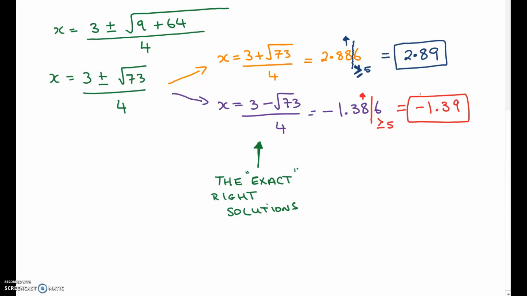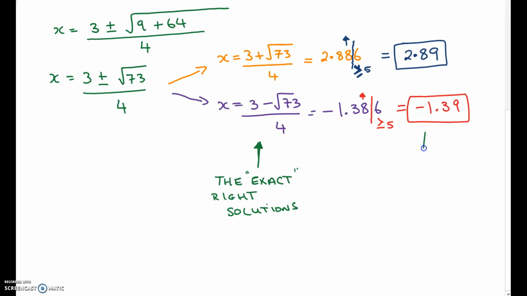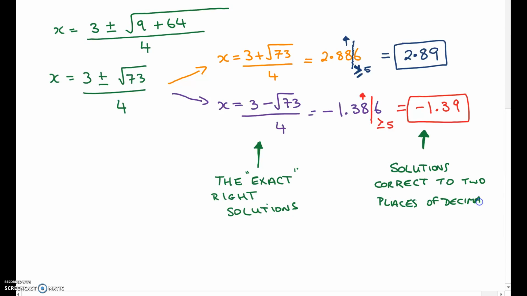So these are our solutions correct to 2 places of decimals. It takes a little bit more work, but it's not really all that difficult. I guess one of the places we have to be really careful is figuring out what the sign should be.